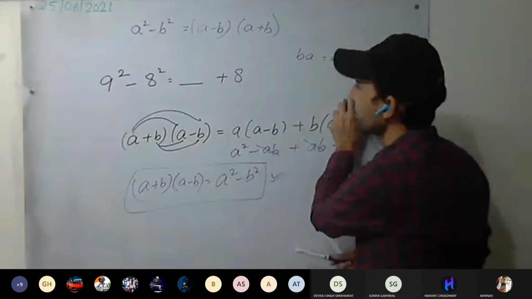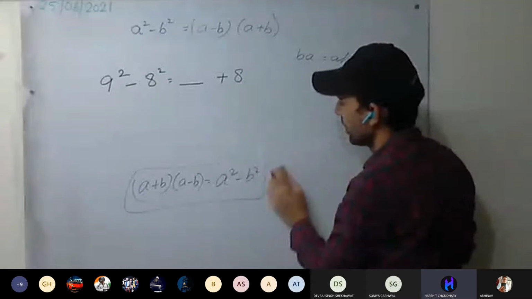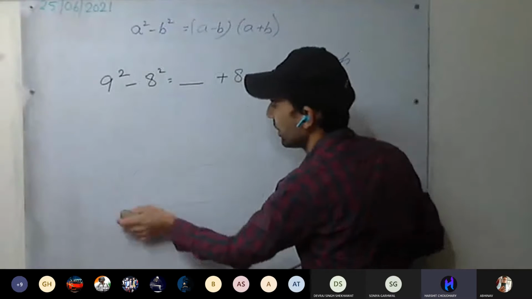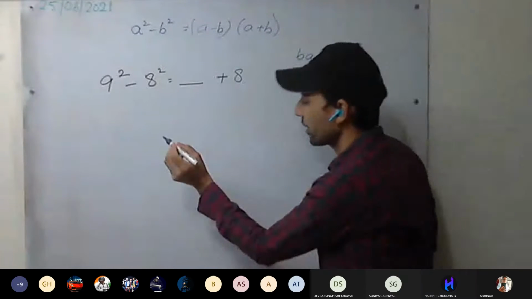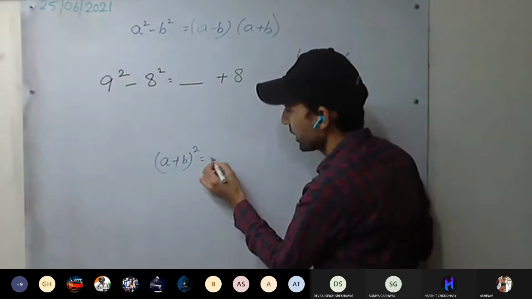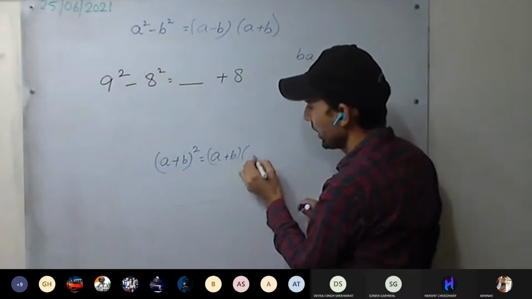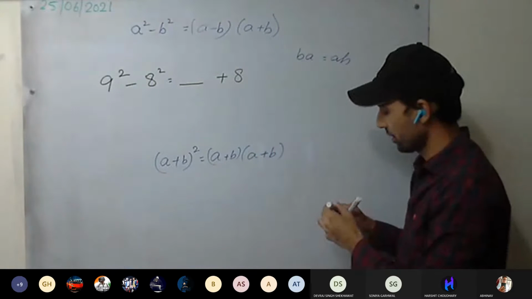Sir, if it is a square plus b square, is there a change in the equation? There will be a change in the equation. You can do that as well. If you are doing a plus b whole square, it will be a plus b into a plus b. Yes or no?